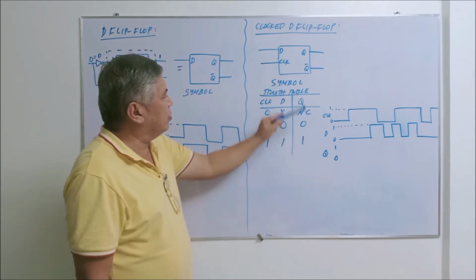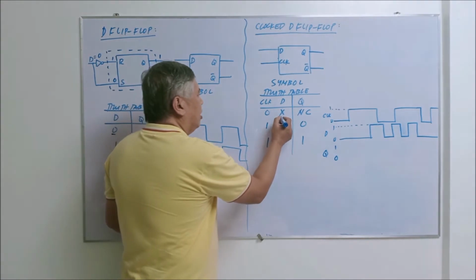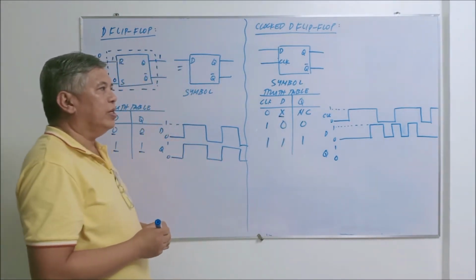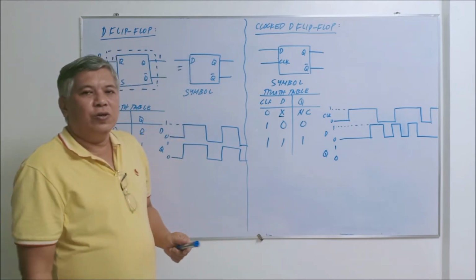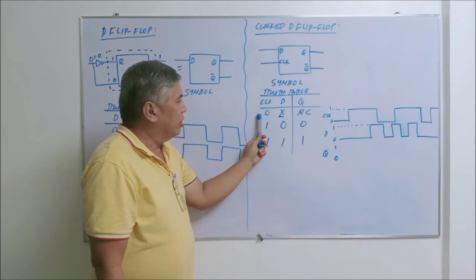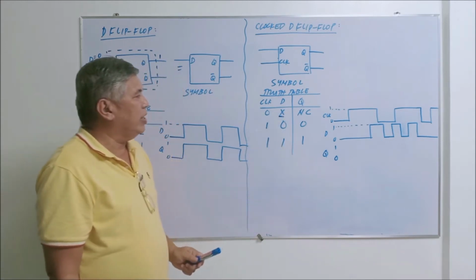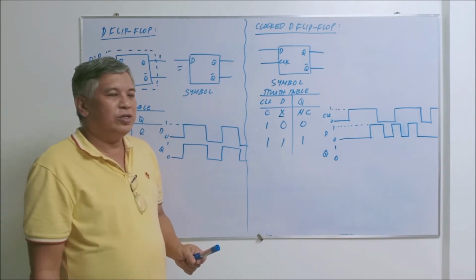And this is our truth table. If clock is 0, regardless of the value of your D, whether it is 0 or 1, then the output is a no change condition. Again, if clock is 0, regardless of the value of your D, then the output is a no change condition.